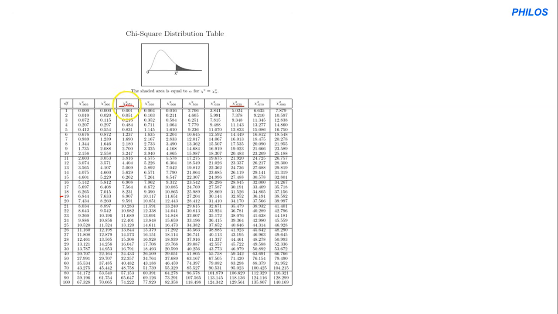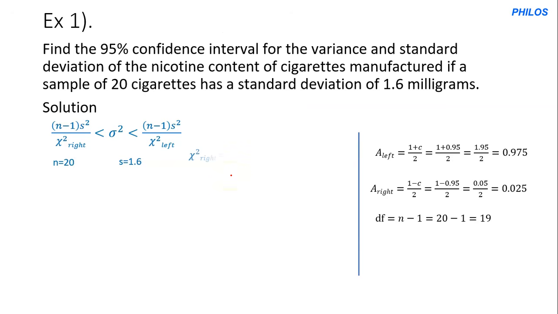When you check 0.975 against the degree of freedom of 19, you get 8.907. And when you check 0.025 against a degree of freedom of 19, you get 32.852. So our chi-square right is 32.852 and our chi-square left is 8.907.